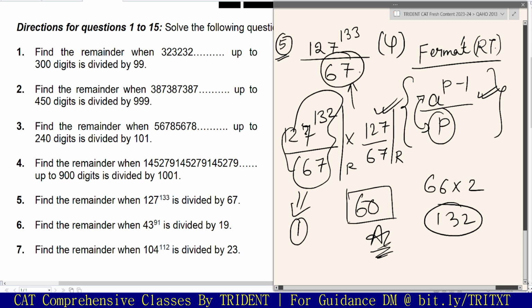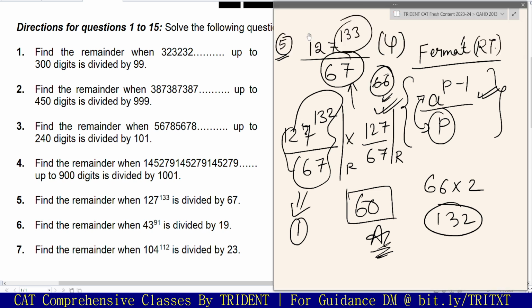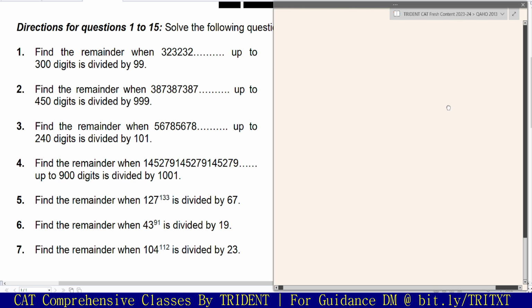If you realize, 67 being a prime, the totient number of 67 will be 66, one less than that. Okay, so I think I'm reiterating myself too much. So I hope you've understood what I was trying to tell you, right? So let's go to the next one.